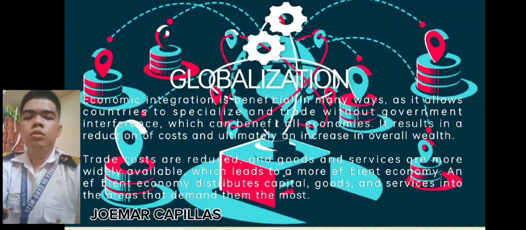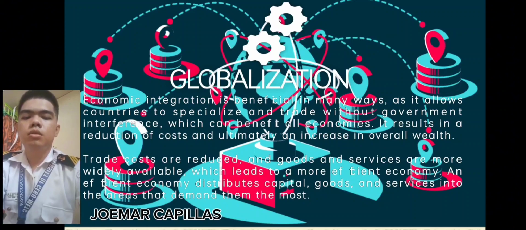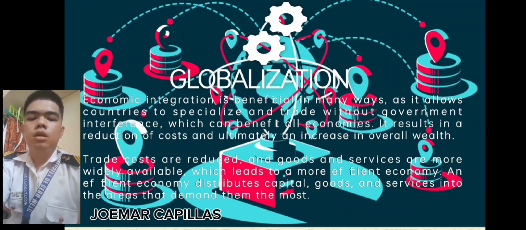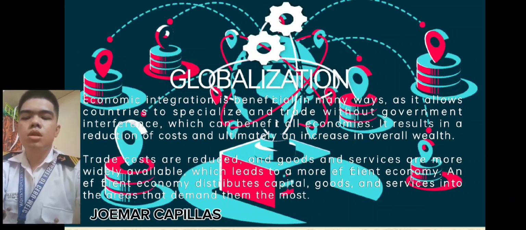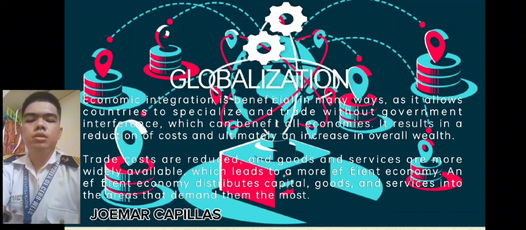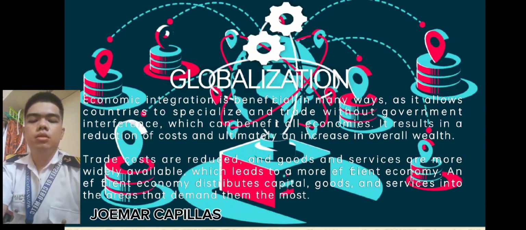The globalization of markets refers to the integration of national markets into a global marketplace. It involves the convergence of consumers' tastes, preferences, and purchasing behaviors across countries, and the increasing ability of firms to sell products and services worldwide.